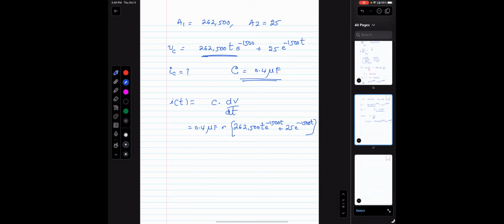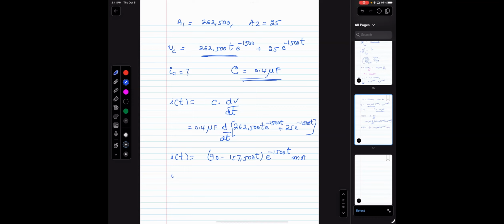All of that, you take a derivative and get the expression for it. I of t should look something like 90 minus 157,500 t e to the negative 1500 t, in milliamperes.